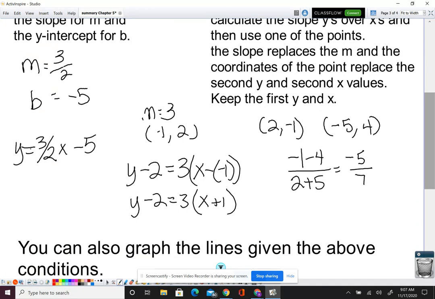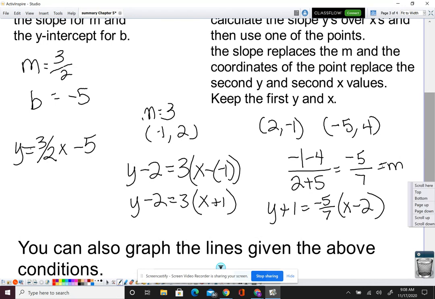So once we have our slope, we get to pick one of our points. I'm going to pick the first one, so y plus 1 equals -5/7 times x minus 2. Unless they ask you for specific forms, you leave your answer right there.